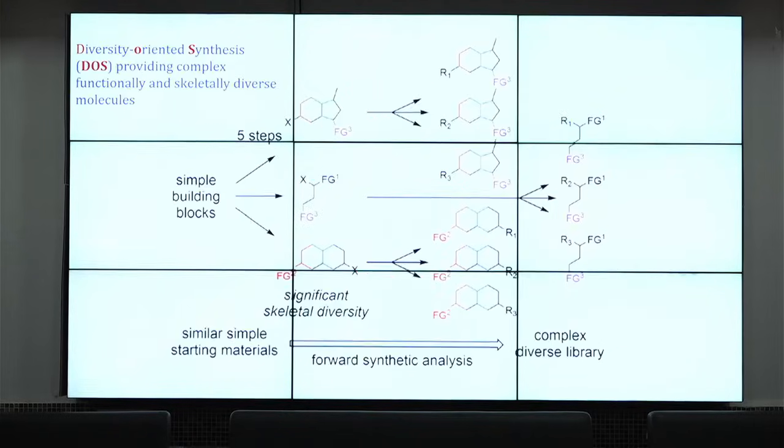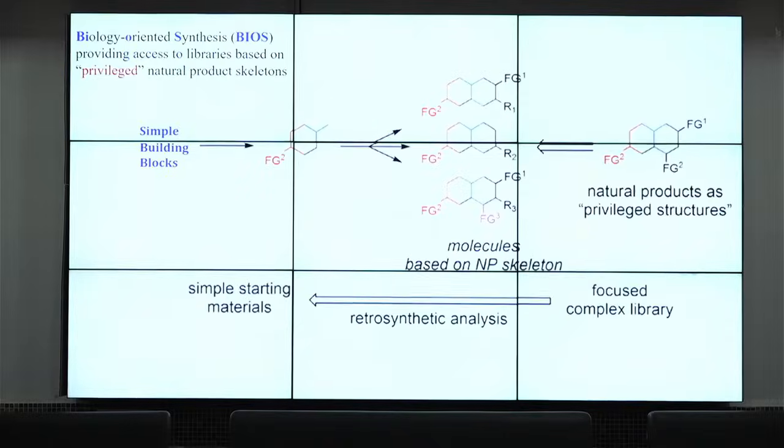Here the functional group diversity also makes the skeletal diversity, and very complex molecules will be synthesized by applying diversity. So the approach is changing. Where you can create diversity, you have to start from there. You have to select that synthetic tool to get a library of compounds rather than a single compound.